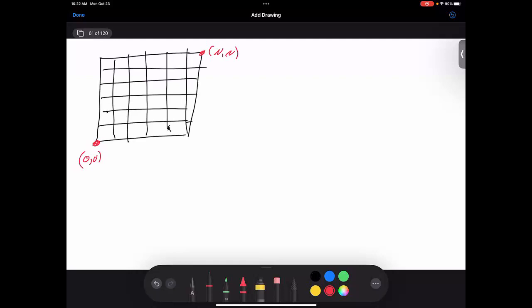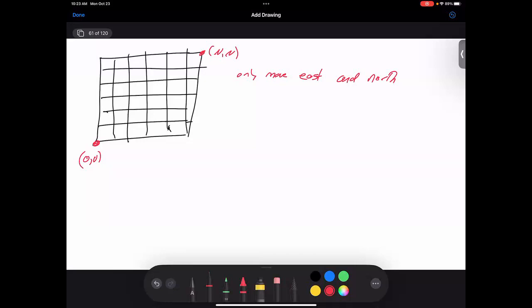And you can only move east and north. Okay? So you can't move west, you can't move south. So I can't do some kind of strange loop.